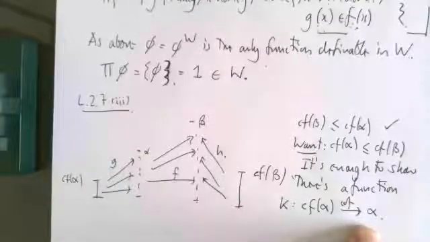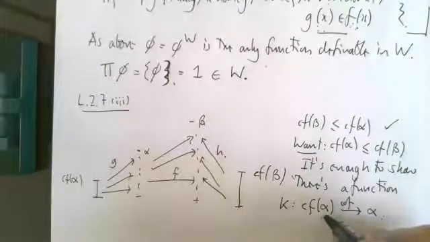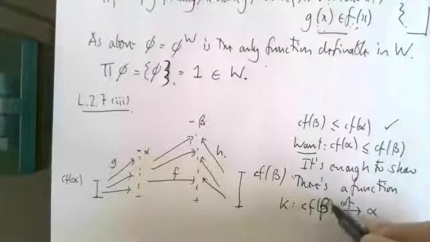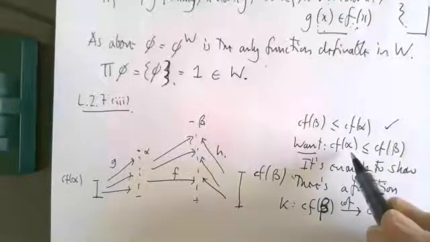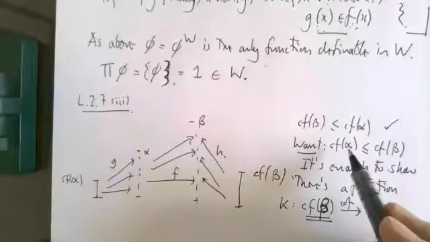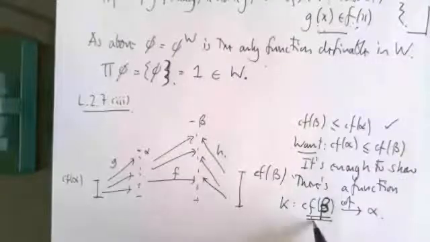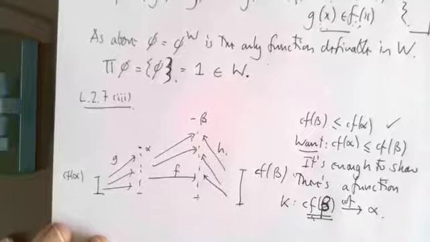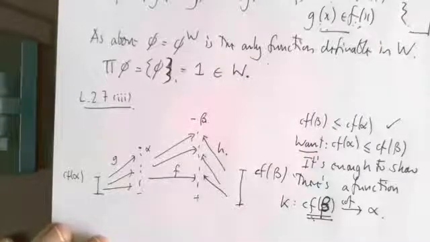Right? Because this would imply the cofinality of alpha is less than or equal to this, because the cofinality of alpha is the least domain of a function that's cofinal into alpha. Okay, so it has to be less than or equal to this. Okay, so we now need a trick to find a function that's like that.